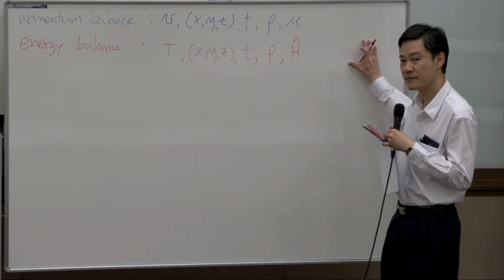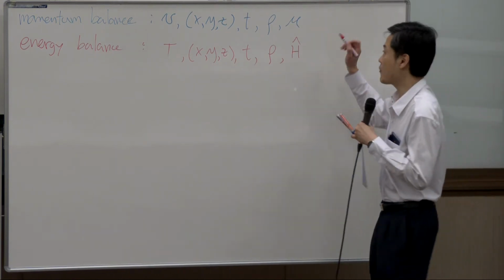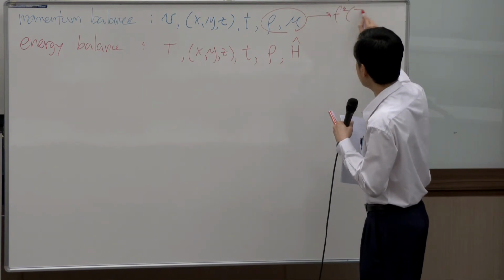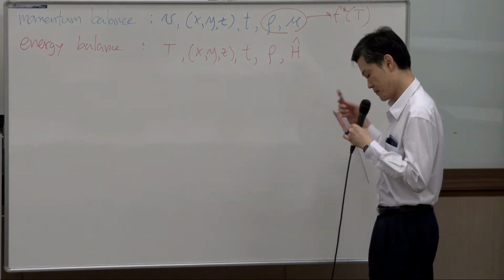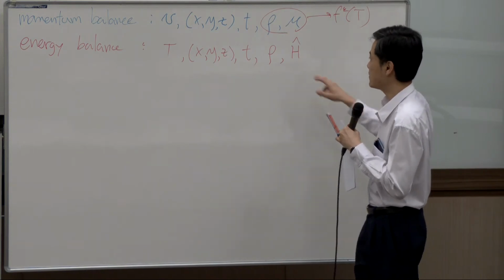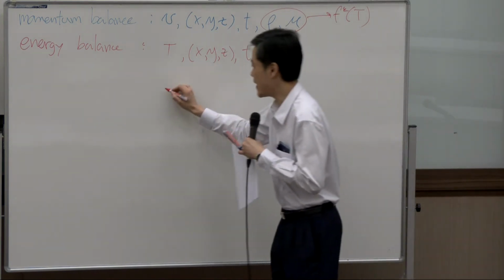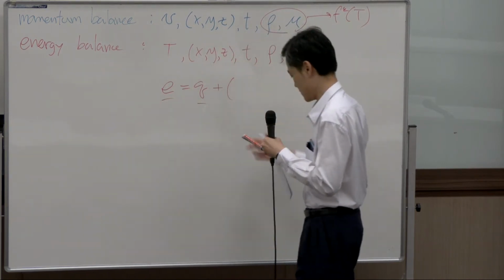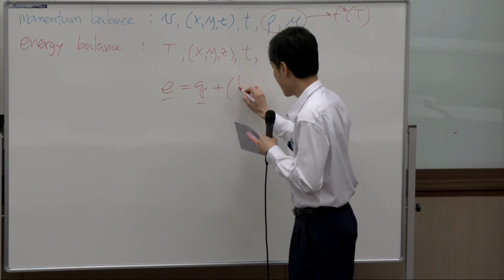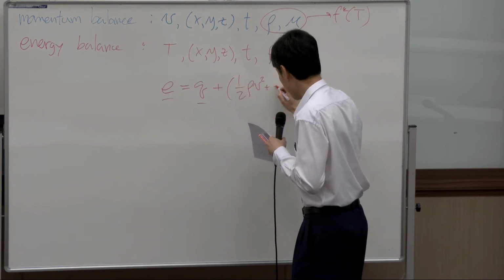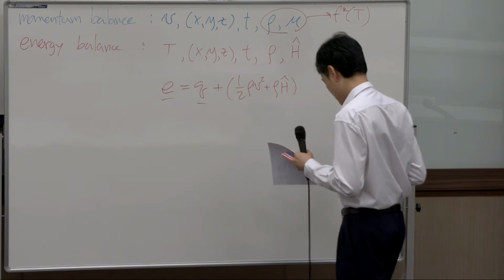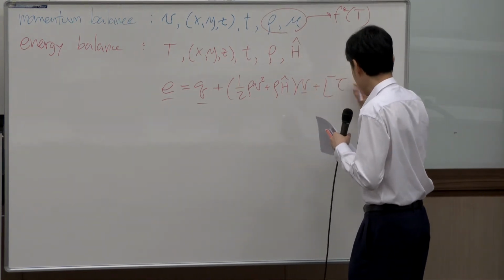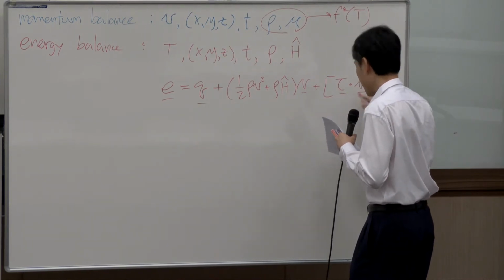What else? Maybe gravity, right? The problem is these two will be functions of temperature, and the flux itself, the energy flux, is conduction flux plus this term, V plus tau dot V. Okay?